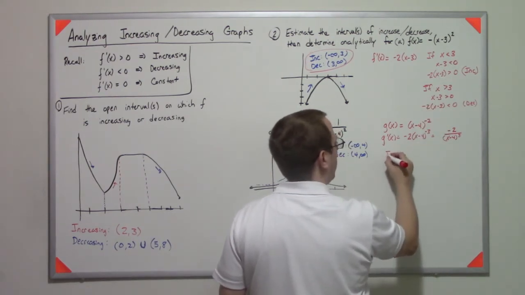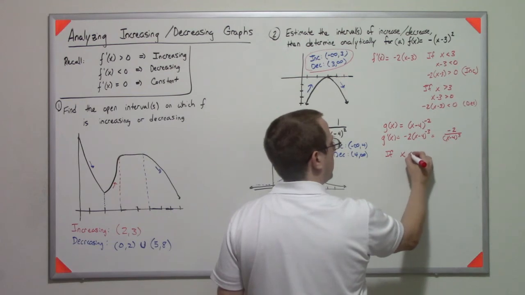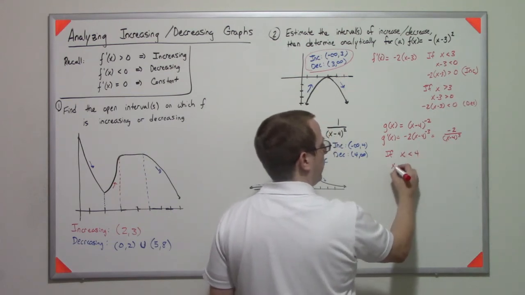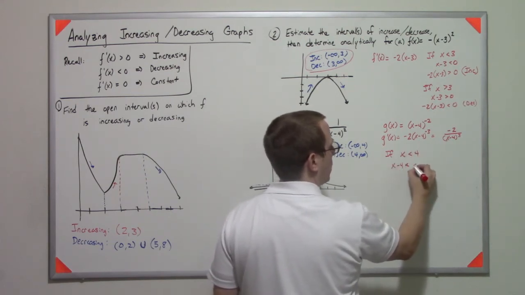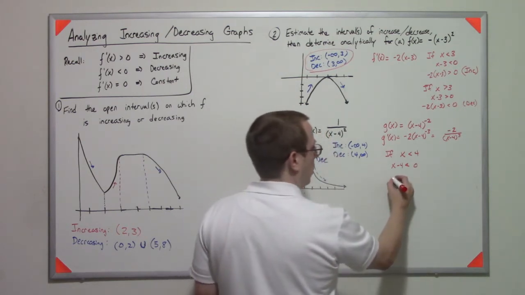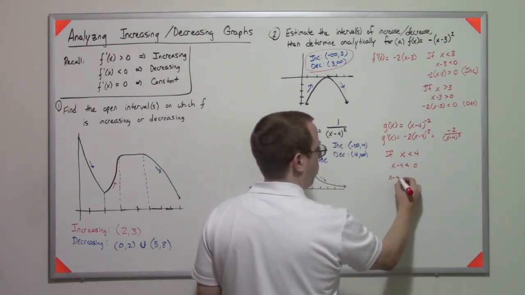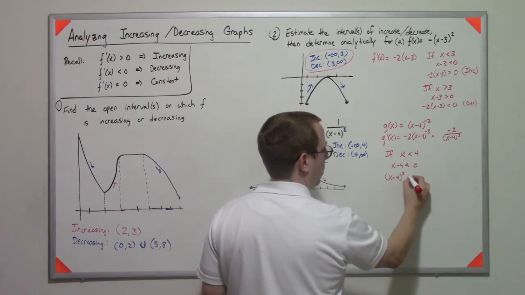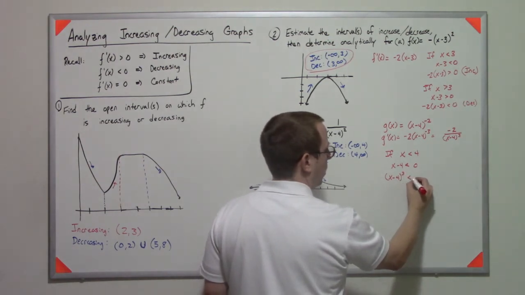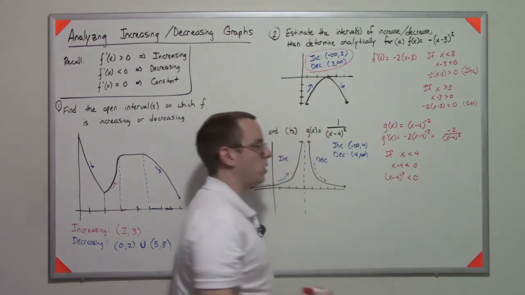So if x is less than 4, then x minus 4 is less than 0. So x minus 4 cubed is also negative.